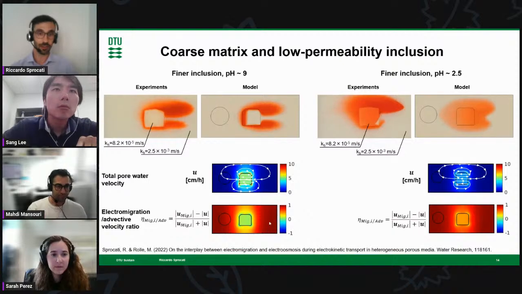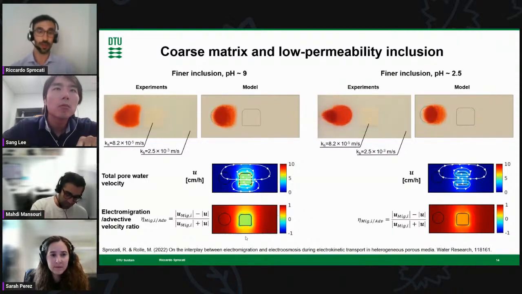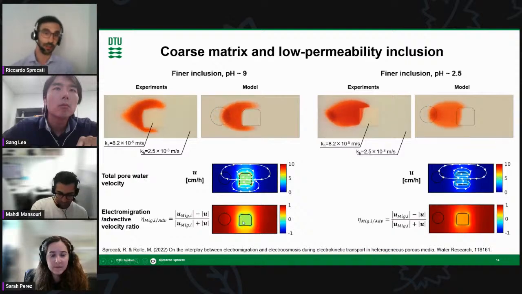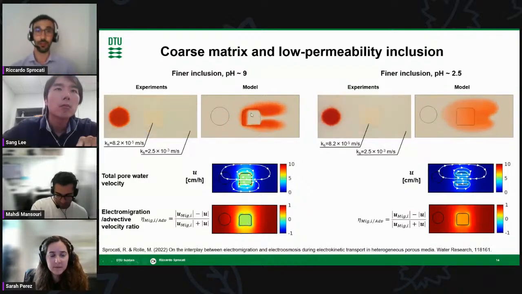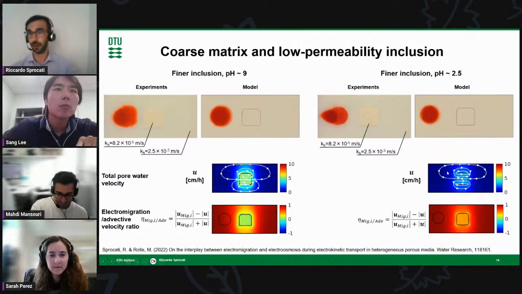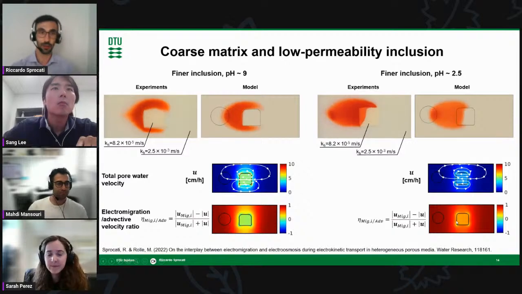For instance, the red color means that in the largest part of the domain, electromigration is the main dominant mechanism, whereas the green color indicates that there is an equilibrium between electromigration and the advective velocity. And this is why you don't see Lua-Red entering the domain. Whereas when the pH is lower, the electroosmotic flow is lower, and most of the domain is affected by electromigration.